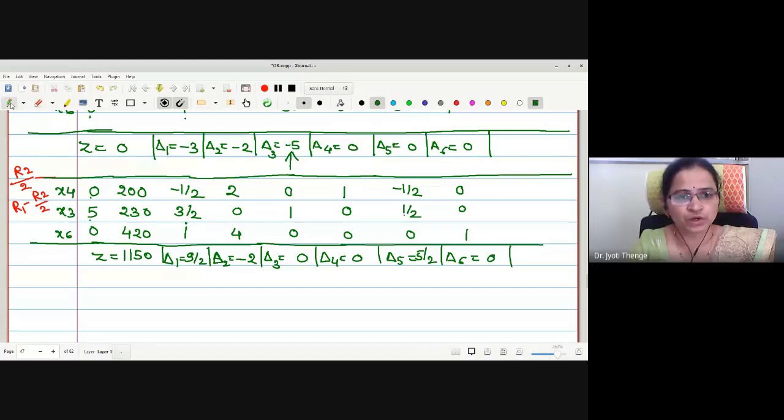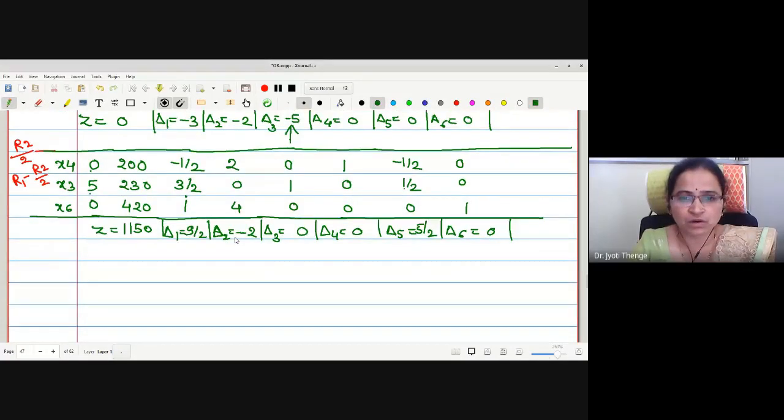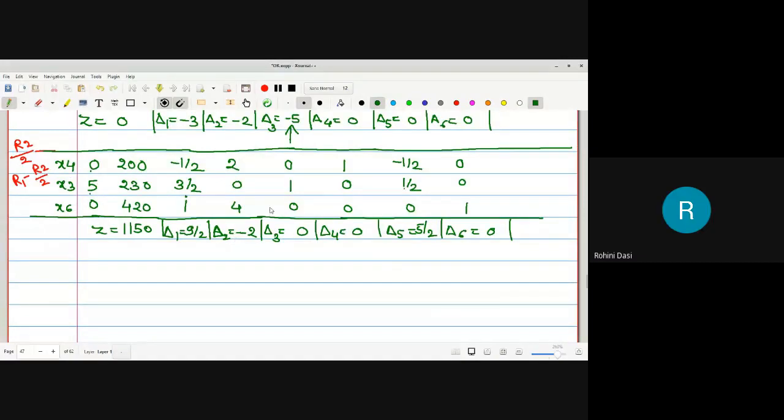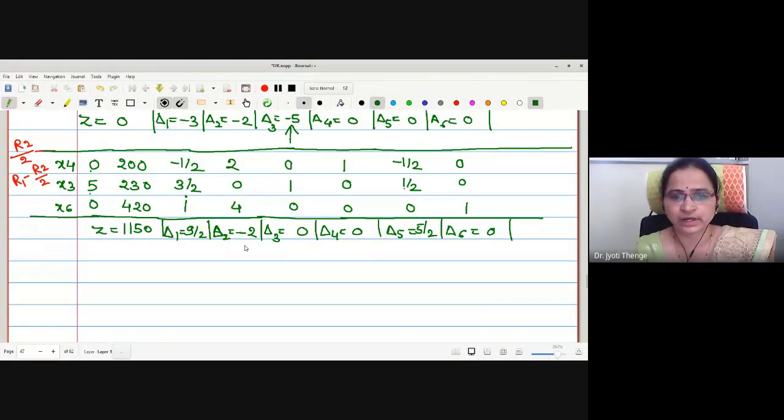Now you can observe whether all the net evaluations are non-negative. No. This value is negative, only delta 2. Therefore delta 2 will enter the basis, that is, x2 will enter the basis. Now one has to find the criteria for the outgoing vector. How to calculate?